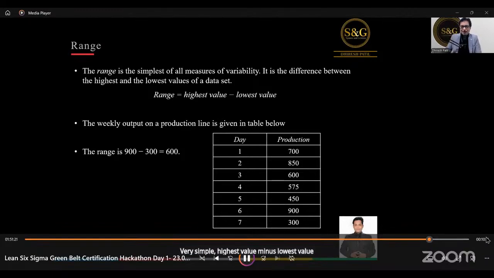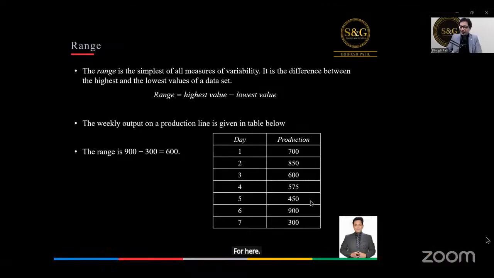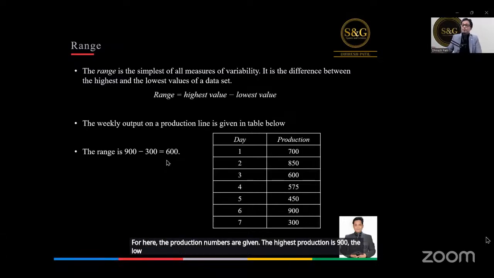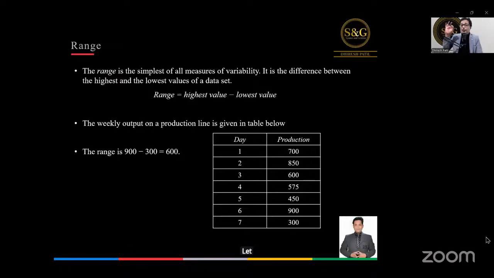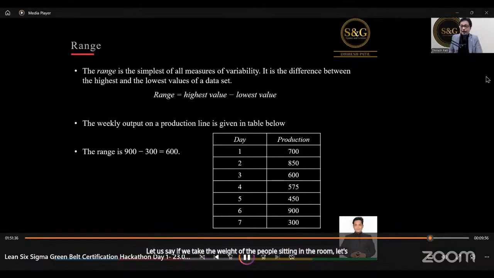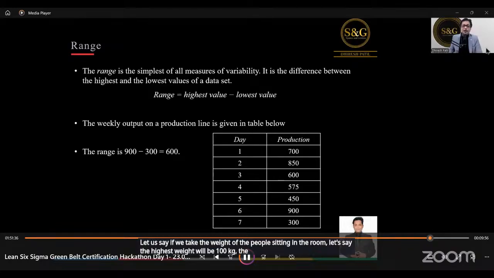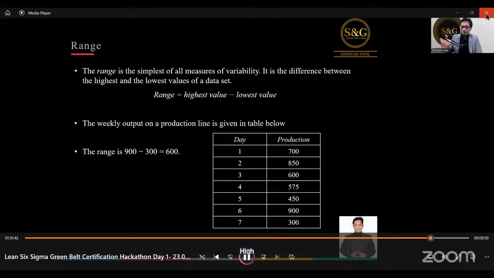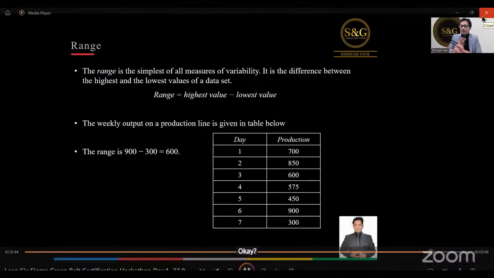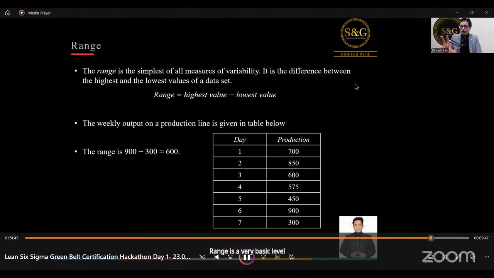Here the production numbers are given. The highest production is 900, the lowest is 300, so the range is 600. Let's say we take the weight of the people sitting in the room: the highest weight is 100 kg, the lowest is 50 kg, so the range is 50 kg. Highest minus lowest, simple.